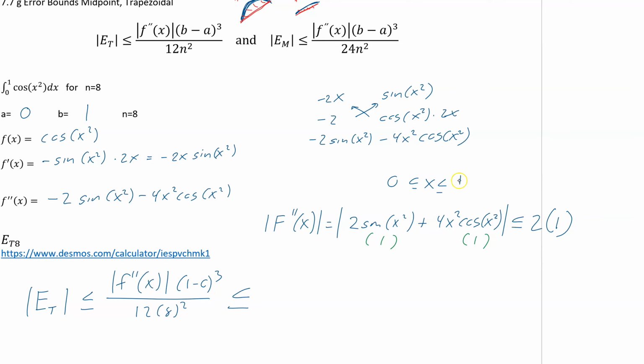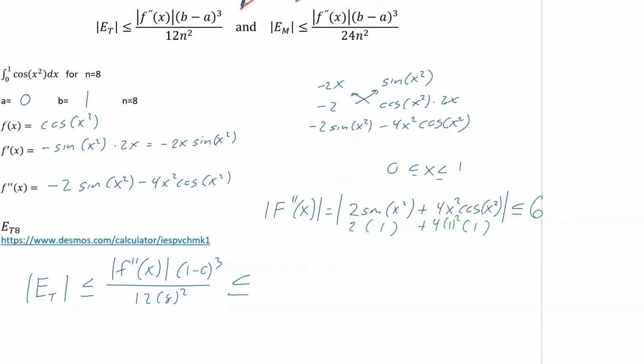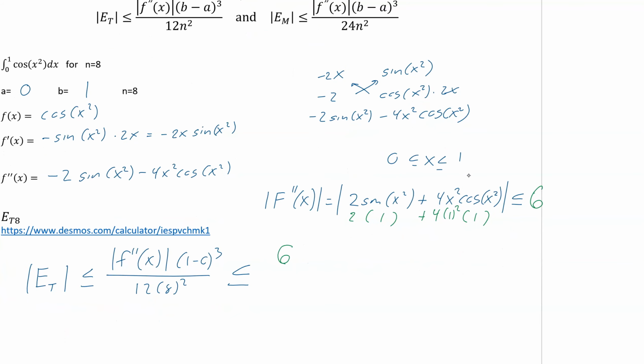So 1 will be the biggest as well for this, and 4, and 2. So if you add all those up, we end up with 2 plus 4, which is 6. So we know that this is less than 6. Mandatory, no matter what, this cannot get bigger than 6 on the interval from 0 to 1. So we can say that this has to be less than 6 for that one.